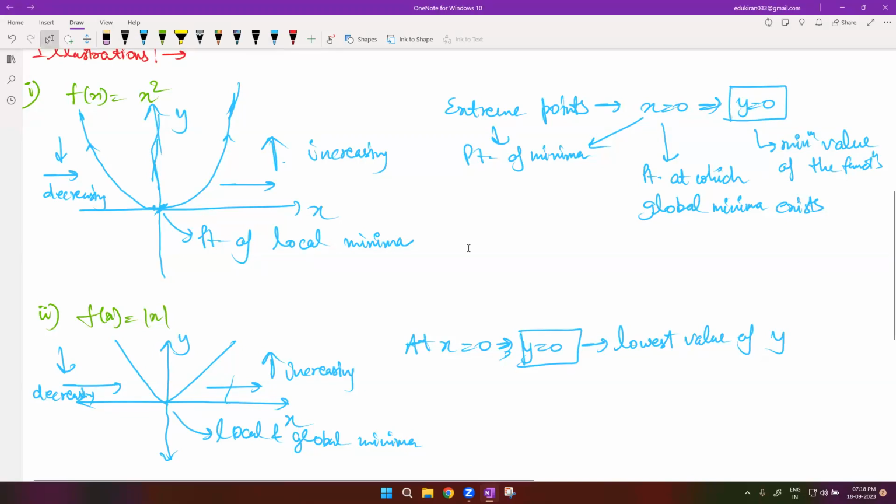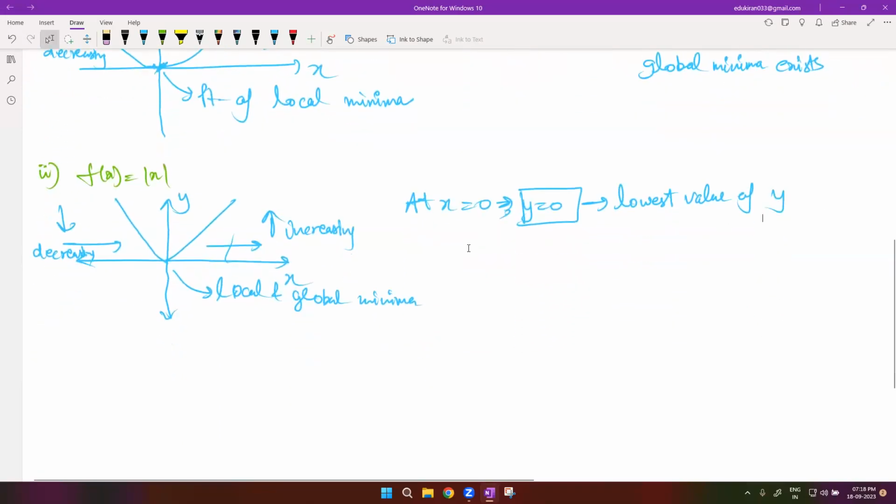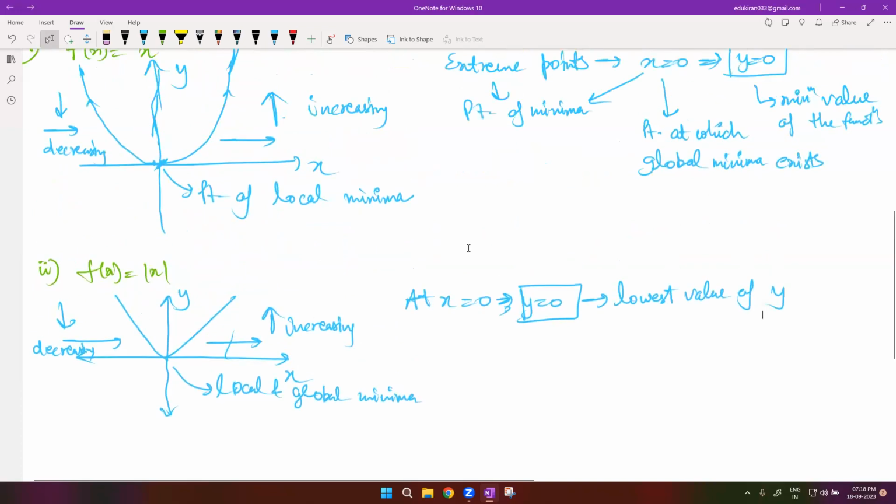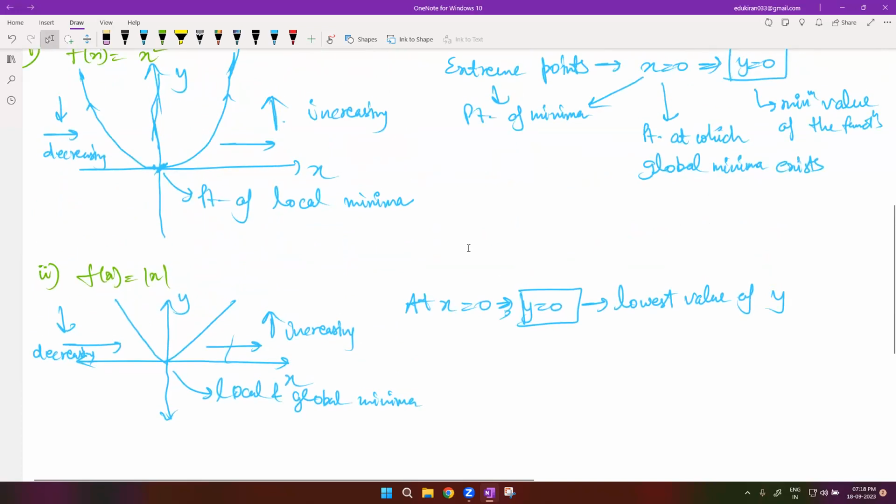But it is not necessary for every function to have a local minima or local maxima. This is a very important property to extract the extreme points from functions if they exist. But it can also happen that one point of local maxima is present, but there is no point of local minima. For example, in the first and second case, you have a point of local minima but no point of local maxima.